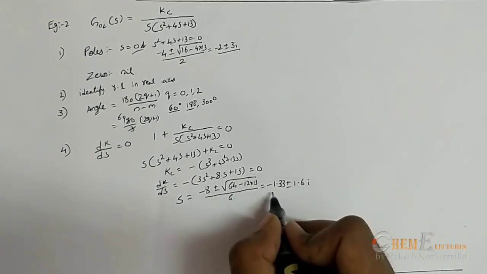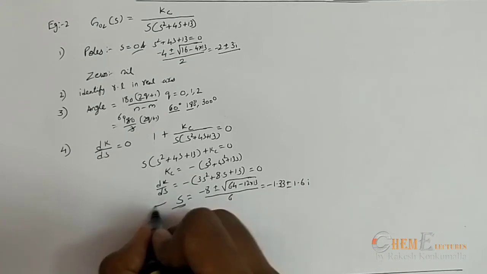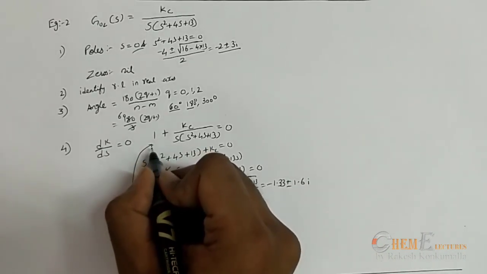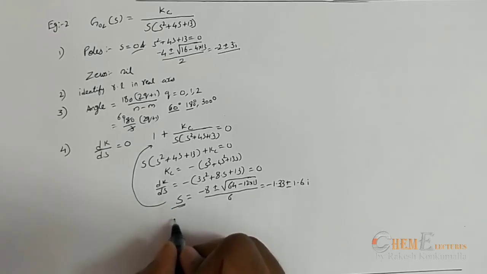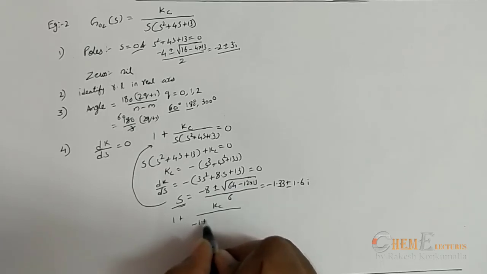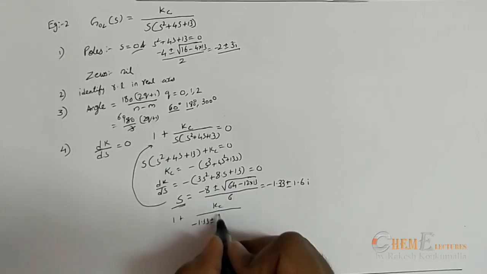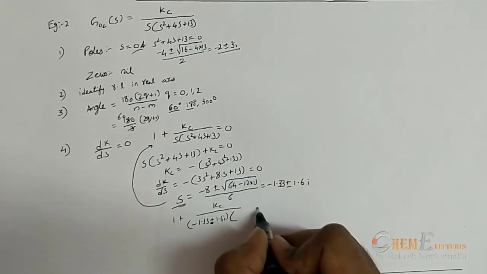Now substituting this s value, whatever root I got in this open loop transfer function, which will be 1 plus kc by minus 1.33 plus or minus 1.6i. Let me take first as plus, then s square, you substitute s and plus 13.